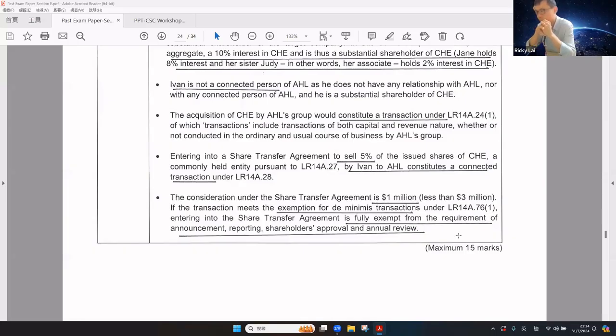Entering into a share transfer agreement to buy 5% of the issued shares of CXG, a commonly held entity, from Ivan by the listed company constitutes a CT. However, similar to the previous agreement, the consideration under the share transfer agreement is $1 million. With the transaction meeting the de minimis exemption, entering into the share transfer agreement is fully exempt from reporting, announcement, shareholder approval, and annual review requirements.